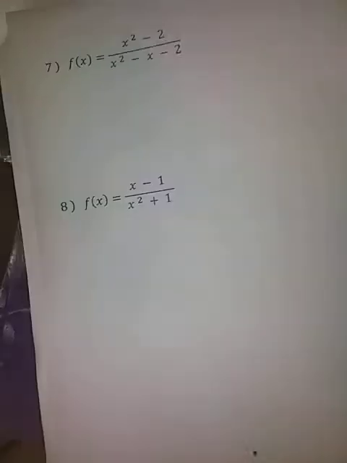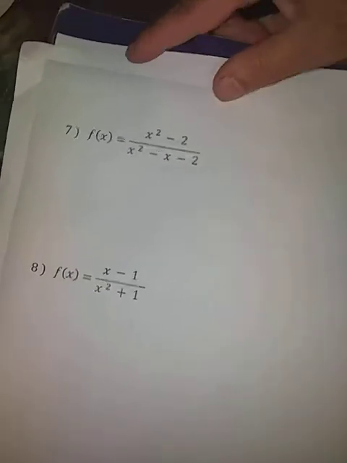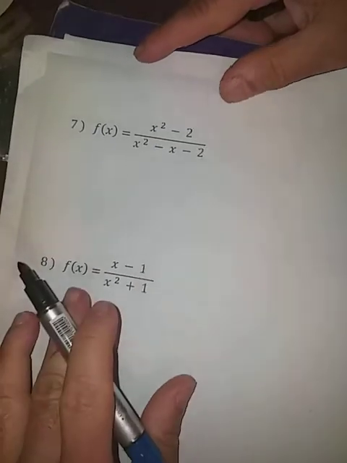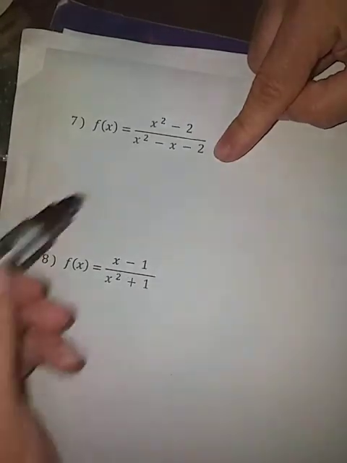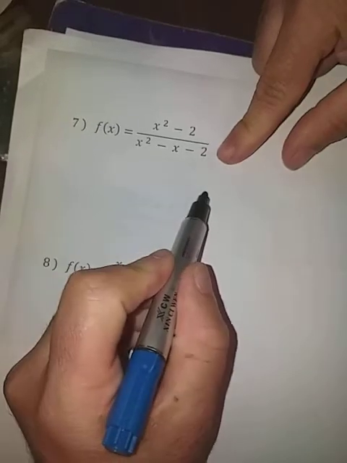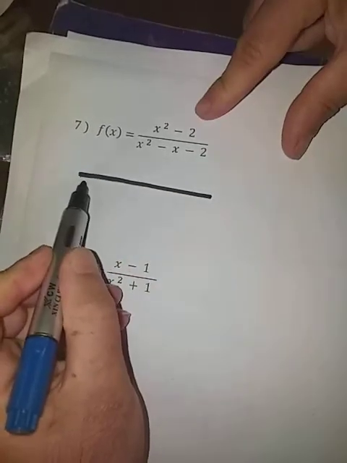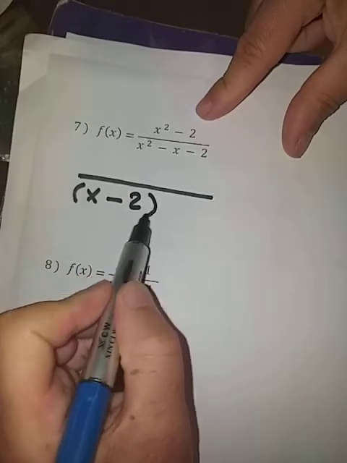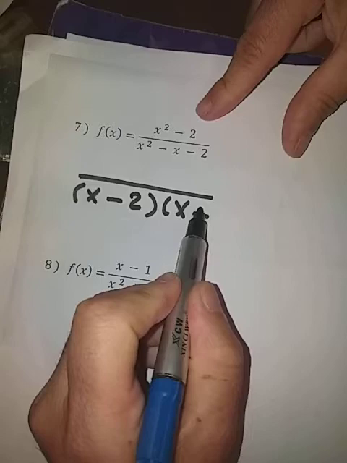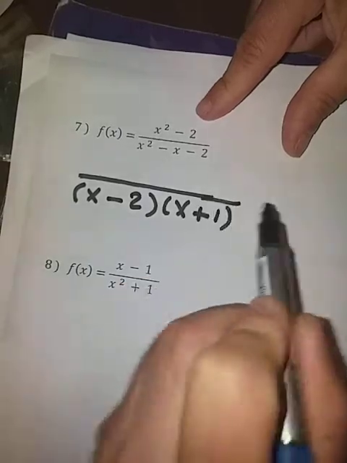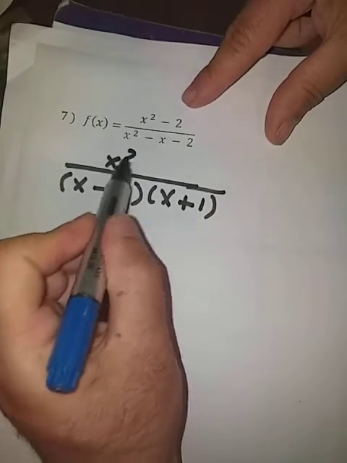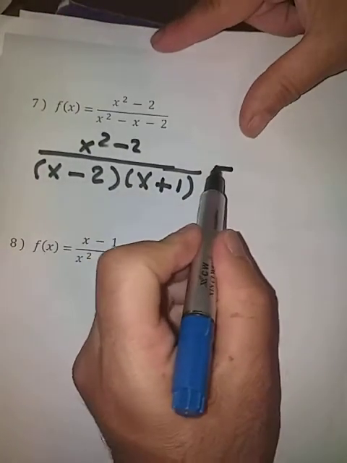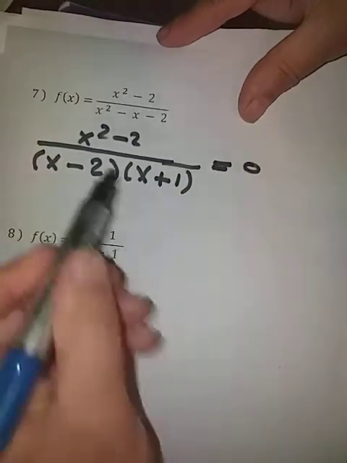Number 7: factorize just the denominator, (x - 2)(x + 1), and set it equal to 0.